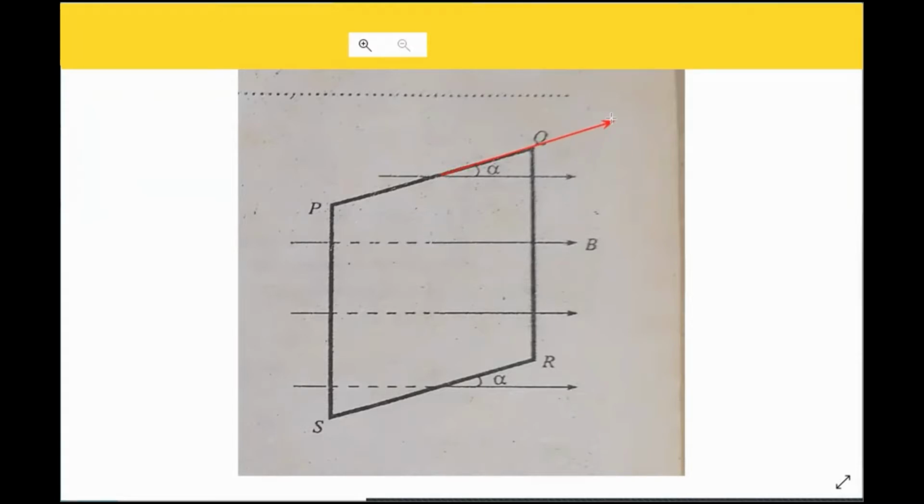The component acting in this direction is cos, and the component acting in this direction is sine. Right. So which component is acting perpendicularly? If you consider QR side, perpendicular component is this. Even for P, that is the perpendicular component. So it's very important to divide the direction of the field like this.